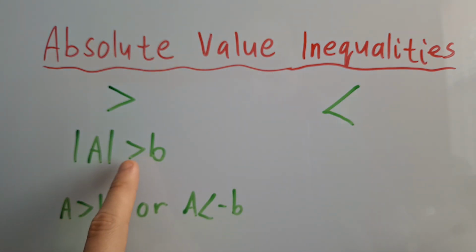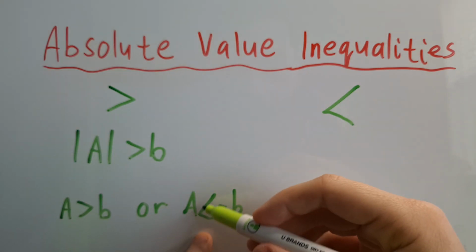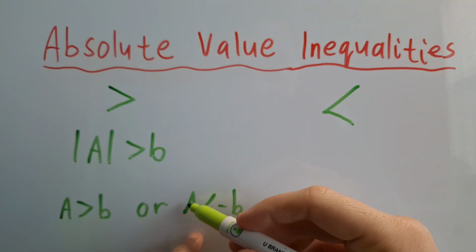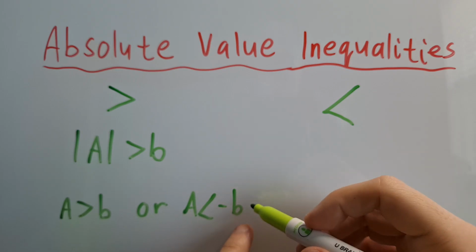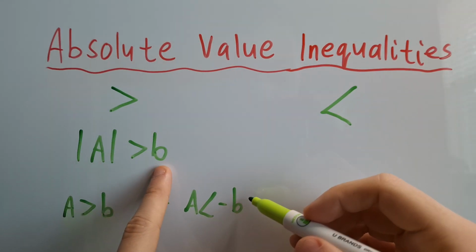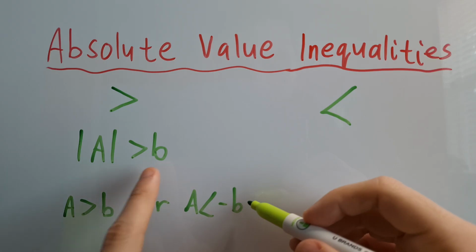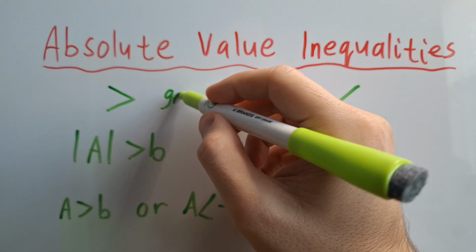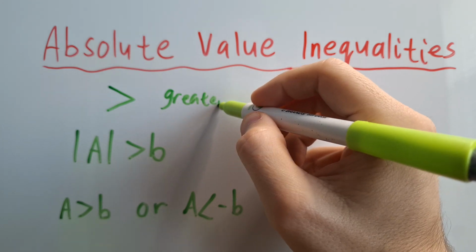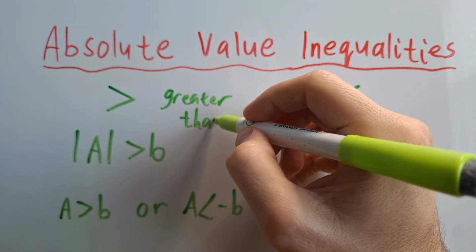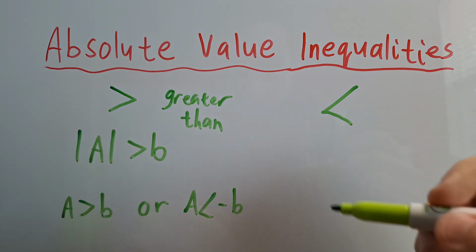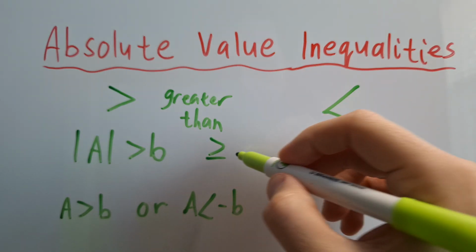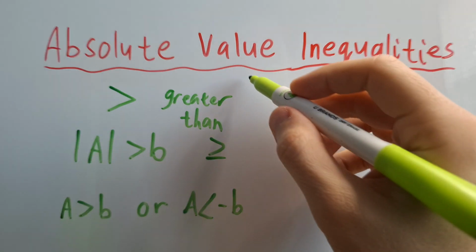We're going to have whatever's here, same exact thing without the absolute value signs, and then we're going to have or the absolute value expression, whatever was in there, and then less than the negative of whatever number was here. So this is the instance for when we're dealing with the greater than symbol. And this will also account for if we had the inclusion one as well, the greater than or equal to. So these two will work together.